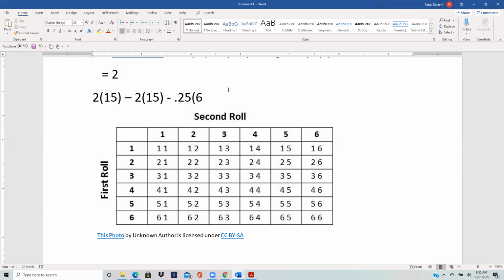And then I have to divide all of this by the grand total, because I'm carrying the probability. What's the grand total here? You just told me. Isn't it 36?